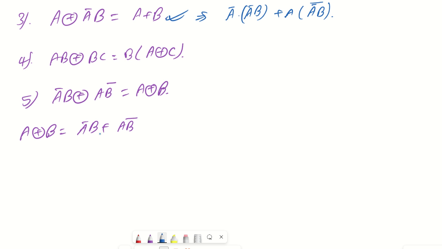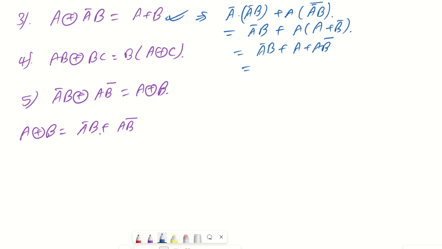Now if you expand this term, A bar into A bar is A bar, and by De Morgan's theorem the other factor is going to be A plus B bar. So if I solve it quickly, it is going to be A bar B plus AB bar.